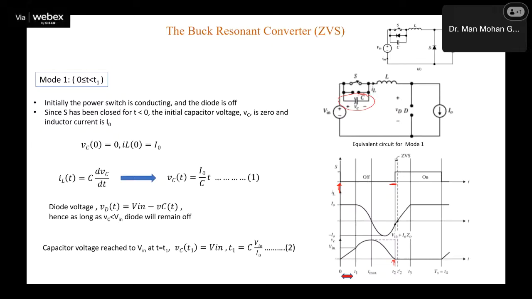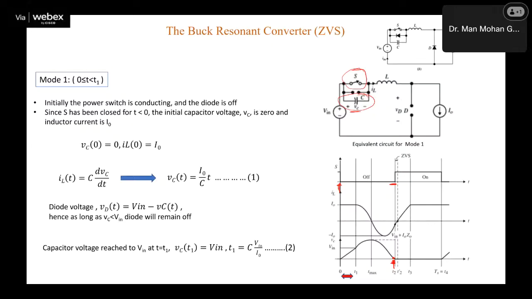But when this capacitor voltage becomes zero, because this capacitor is directly connected in parallel with the switch, whatever voltage is across this capacitor, the same voltage will be across this switch. Now the switch voltage becomes zero only when this capacitor voltage becomes 0. So at this point T2, this capacitor voltage becomes 0.